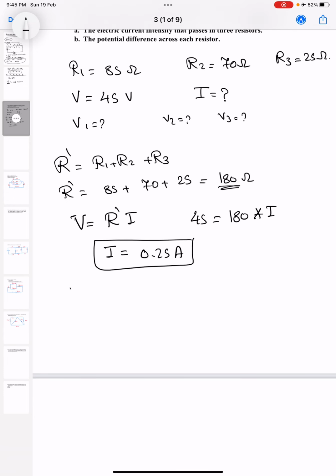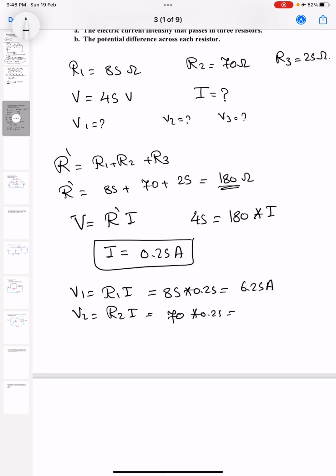Okay. V1 equals R1 I equals 85 times 0.25 equals 6.25 ampere. V2 equals R2 I equals 70 times 0.25 equals 17.5 ampere. V3 equals R3 I equals 25 times 0.25 equals 1.25 volt.